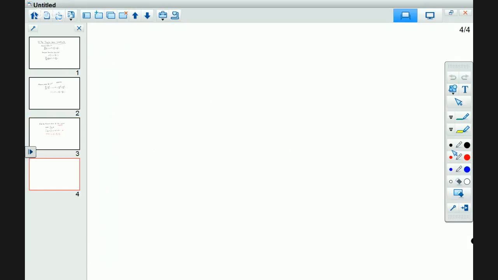Let's do this one: write out to degree 5 e to the x cosine x. Whoa.